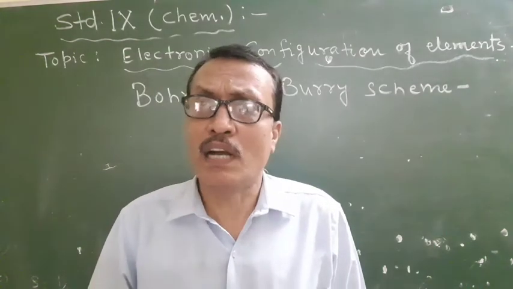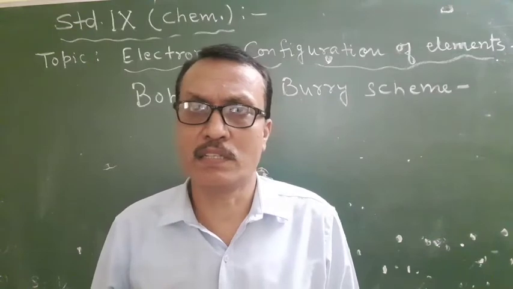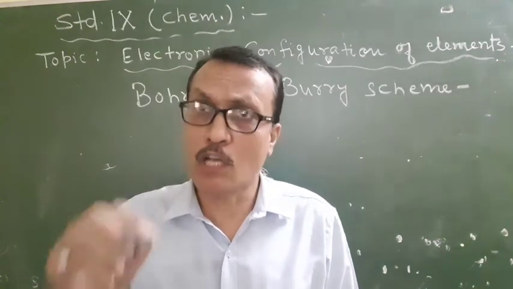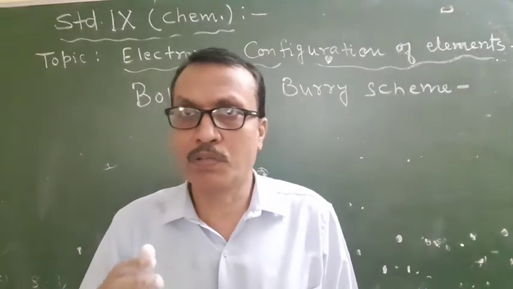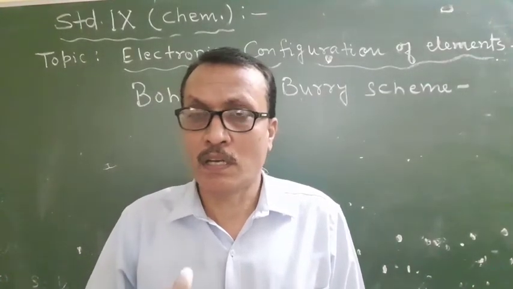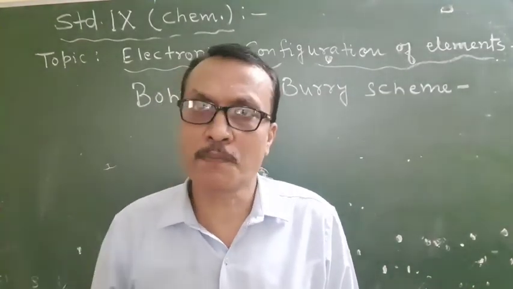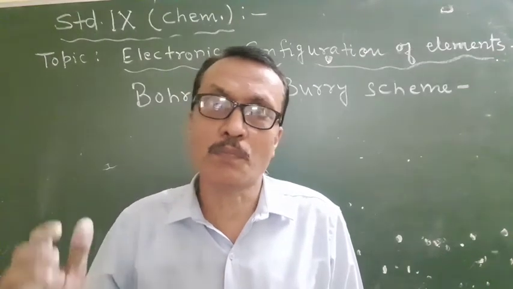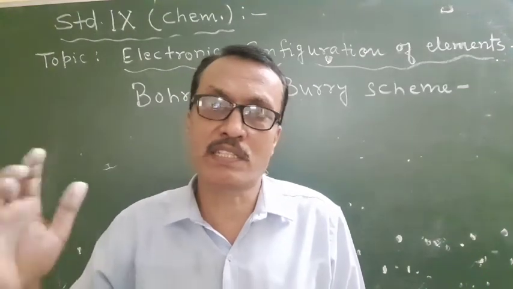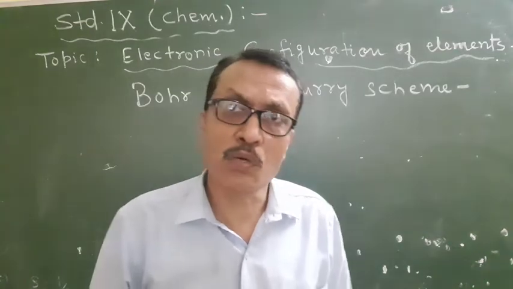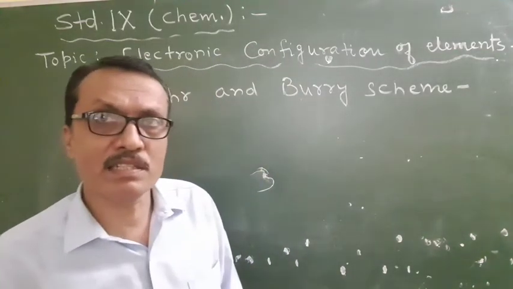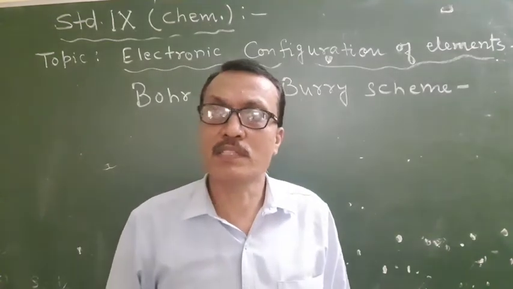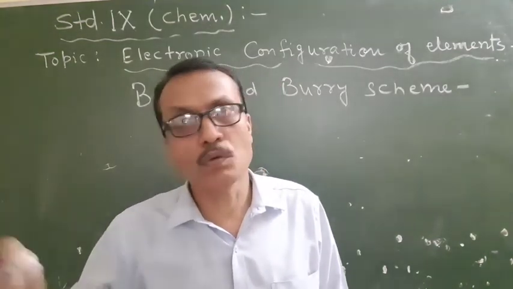K has the lowest energy. K is the lowest energy orbit, and as you move away from the nucleus, the energy of the orbits increases. So students, K is the first orbit, L is the second orbit, M is the third orbit, and so on.